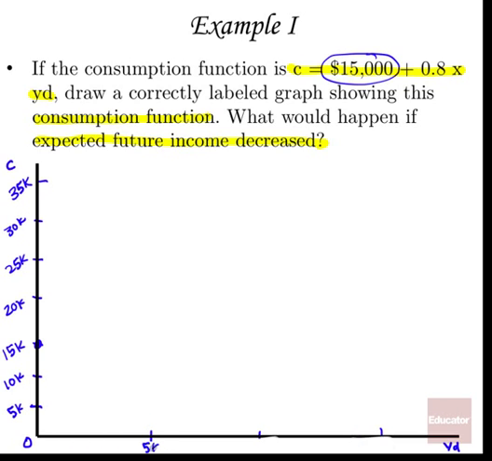Let's say 5K, 10K, and 15K here. So if you're making $5,000, 80% of $5,000 would be 4,000, so it'd be $19,000, so somewhere right here. A little shade under $20,000. You make $10,000, 80% of that is 8,000 plus 15,000 would be 23,000.